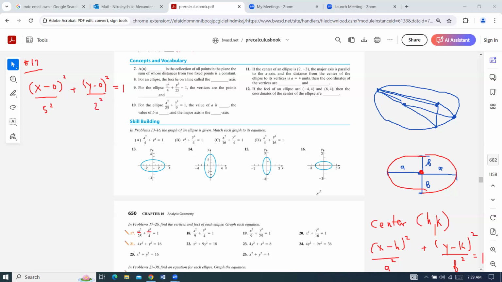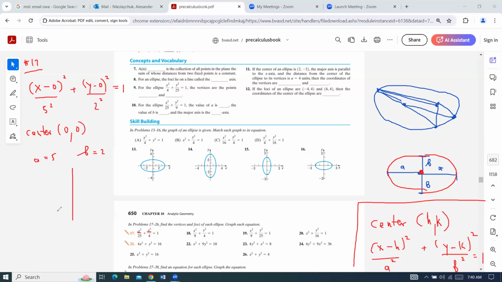In other words, if I compare this with my formula, then the center of this ellipse will be the pair 0, 0, right? Because we don't subtract anything. And then A will be 5, and B will be number 2.